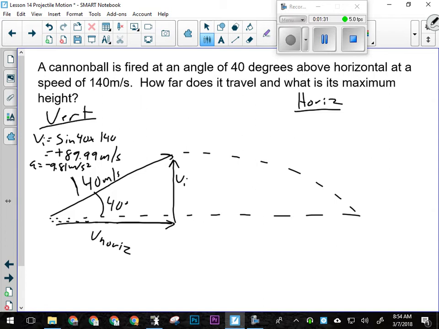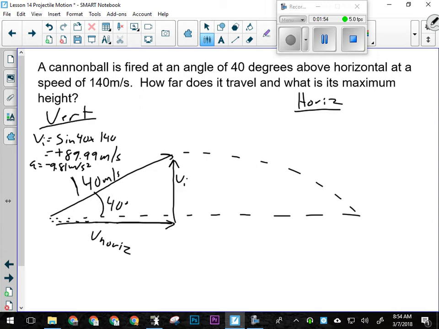Since the question doesn't specifically say there's a height difference between the launch and impact points, what can we assume VF is? Not zero, no. Remember, what goes up must come down. Same as the initial, but negative, right? Okay, so we have to remember that.